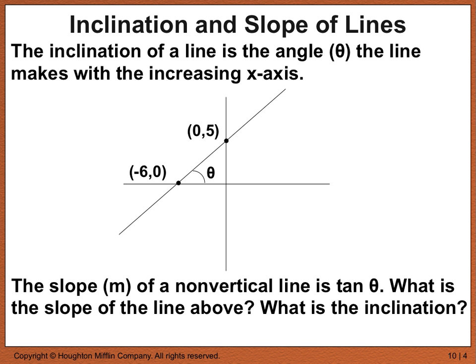So the slope m of a non-vertical line is tangent theta. And this just relates slope to inclination. So let me just explain that for a little bit. Notice where my cursor is pointing right now. It's kind of outlining the side that would be considered opposite.